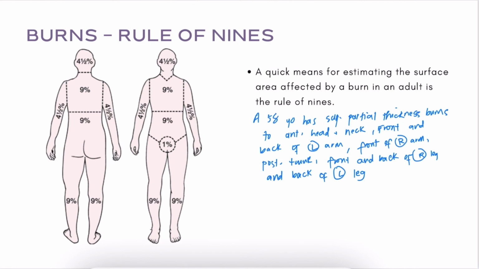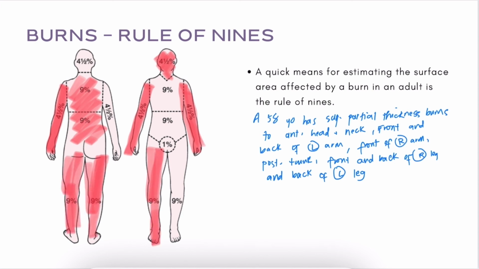So if we are going to shade the different parts mentioned for this partial thickness burns, we have the anterior head and neck, we have the front and back of the left arm, we have the front of the right arm, we have the posterior trunk, and we have the front and back of the right leg, and then we have the back of the left leg.